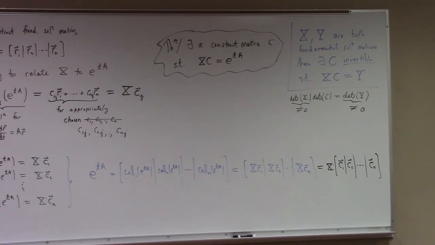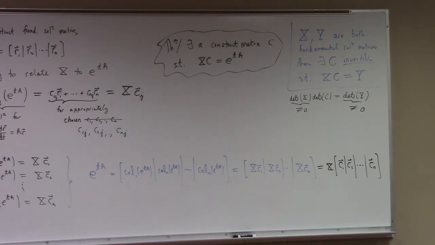So you may or may not care about what I'm telling you right now, but there is a really nice theory for fundamental solution matrices. Any two of them for a given system are just related by multiplication by a fixed invertible matrix. If you had different pairs of fundamental matrices, they would be related by different constant invertible matrices.